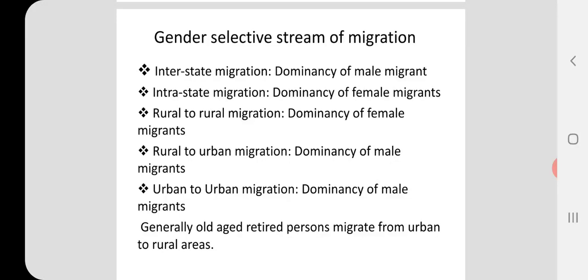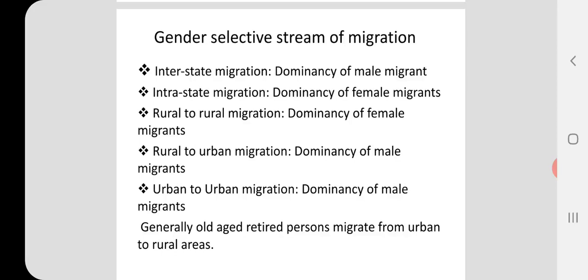Next is intrastate migration. Intrastate migration is dominated by female migrants. Intrastate means from one place to another place in a particular state. So, intrastate migration may be from one district to another district of a particular state, or one city to another city of a particular state.